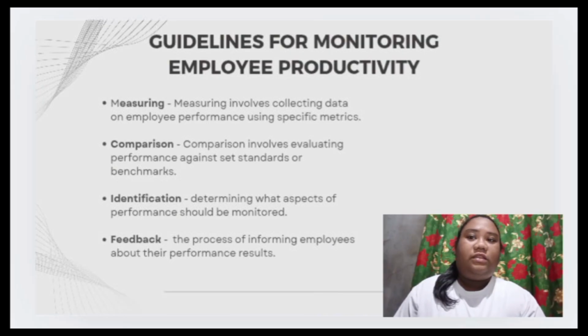Then comes identification, which is deciding which parts of an employee's work should be monitored, such as quality, attendance, or efficiency. And last, feedback. Feedback is given to employees to let them know their performance results and help them understand what they are doing well and what they can improve.